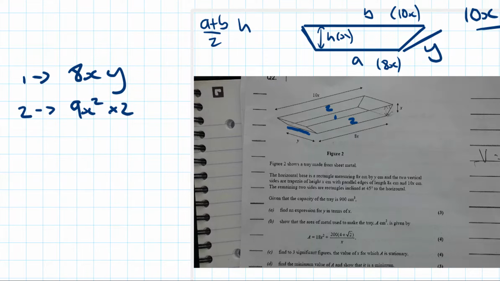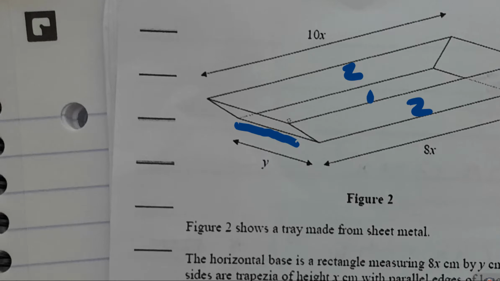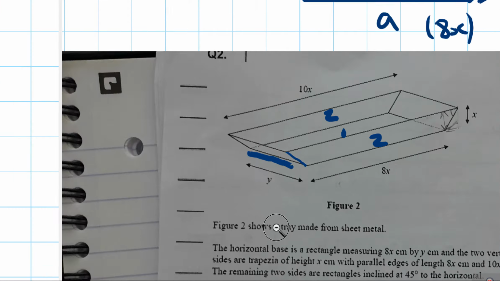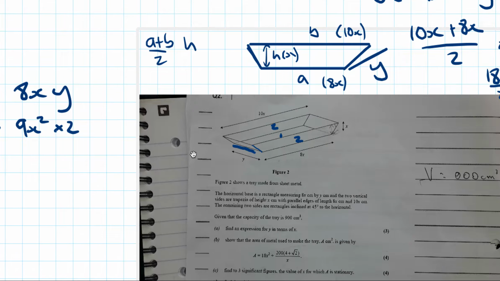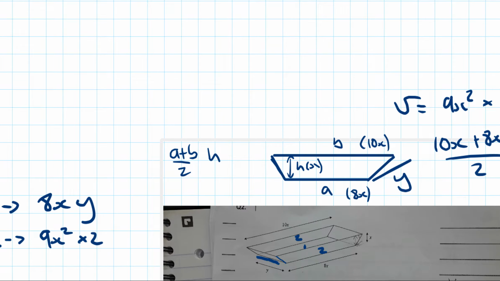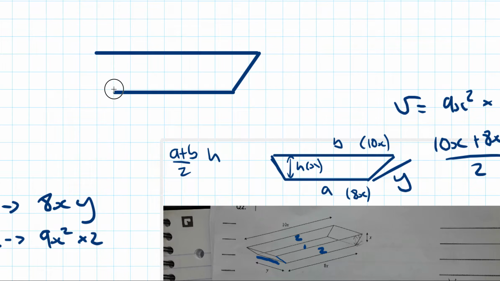Now the issue here is that we need to find what the side is of this length here, and to do that we're going to make a triangle. So if we just draw the shape out a little bit, we want to find this side here, so we're going to call this c.